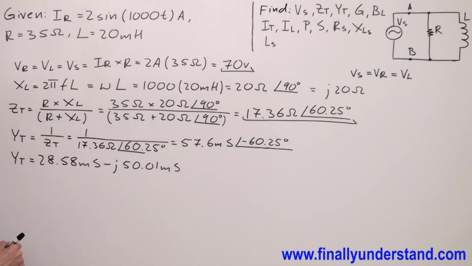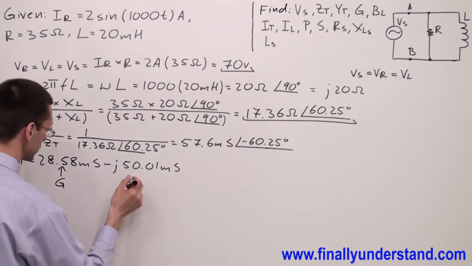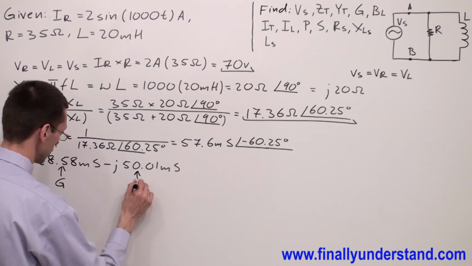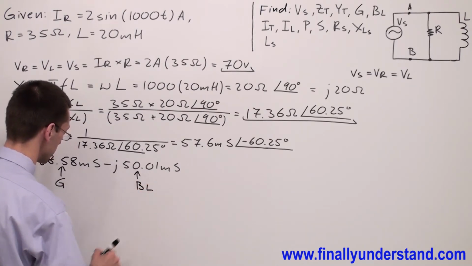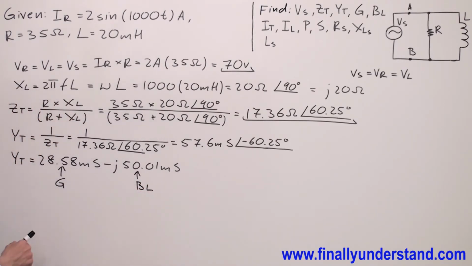So this is my Y total, where the real part represents the conductance and the imaginary part represents the inductive susceptance. This is my G and this is my BL.